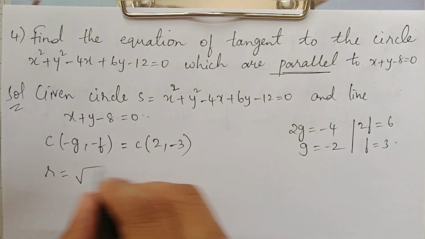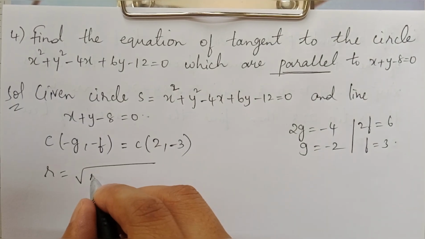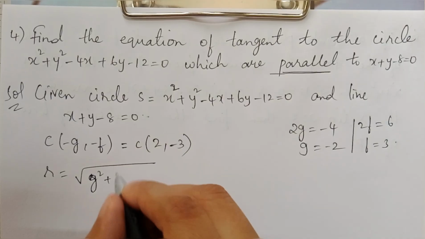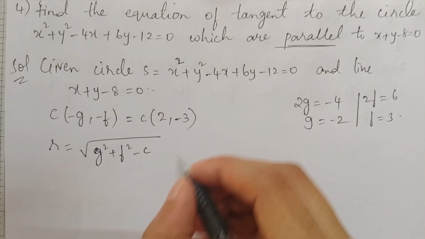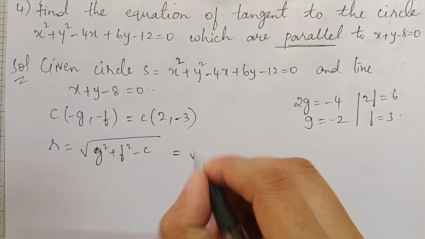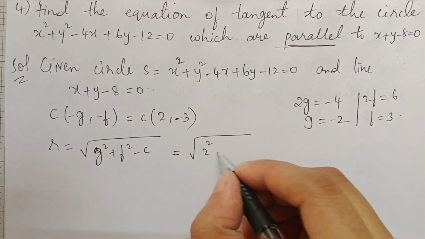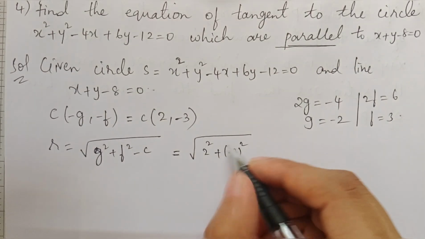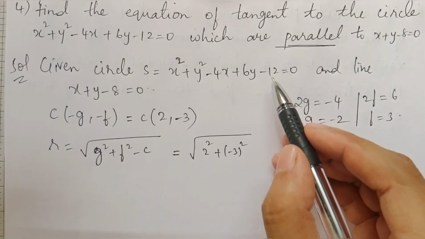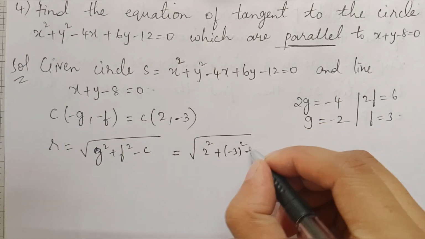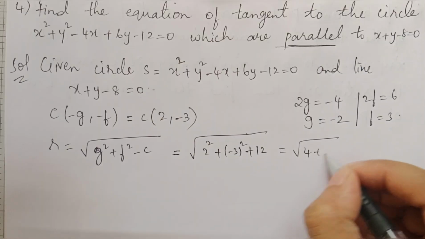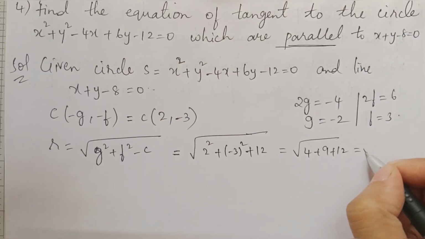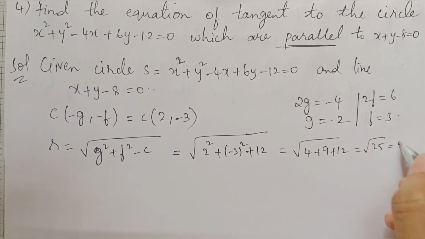And the radius is root of g square plus f square minus c. So this is root of 2 square plus minus 3 square, and this value of c is minus 12, so minus of minus becomes plus 12. So this is root 4 plus 9 plus 12.